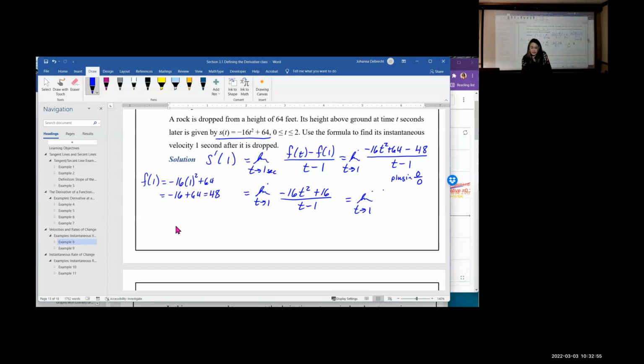I'd go for 16, but not just 16. I'd go for negative 16. I want to reverse the signs so that it becomes t squared minus 1 on the inside of the parentheses, and then I can factor out the t squared minus 1 into t minus 1 times t plus 1.